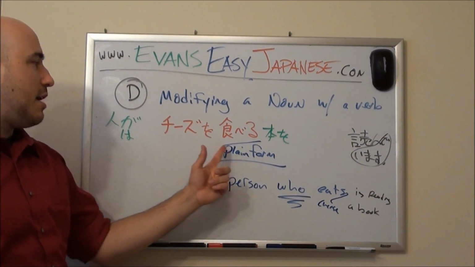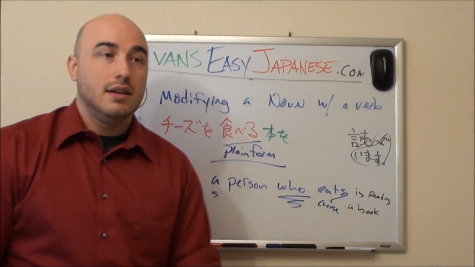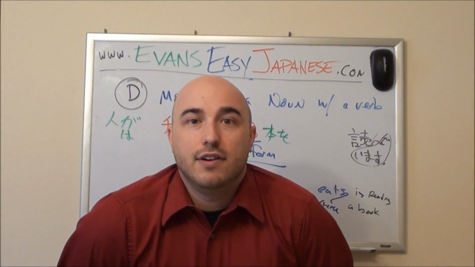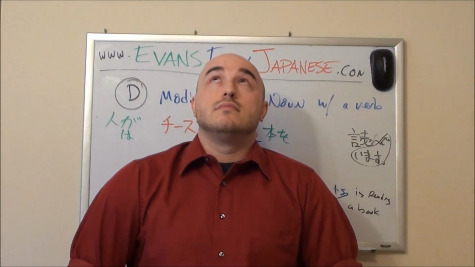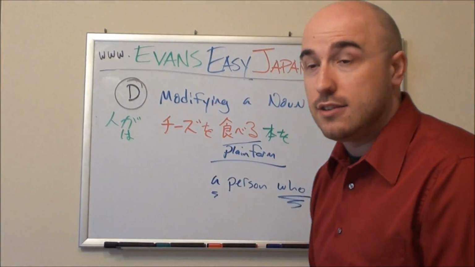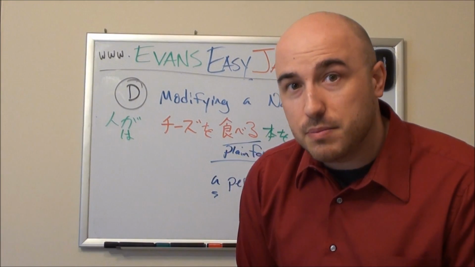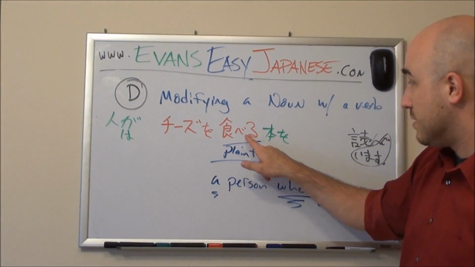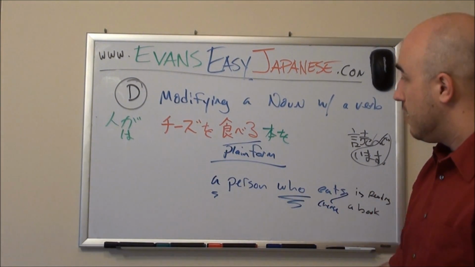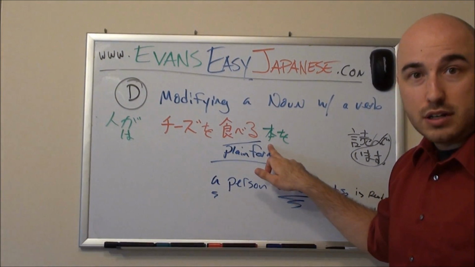Hito wa cheese o tabeteru hon o yondemasu. Hito wa, is there any verb modifying the word hito? No, there's no verb modifying the word hito. Where is the verb modifying a noun? See this verb? It's modifying a noun. It's directly related to the noun. It's right in front of it. We're modifying the word book.